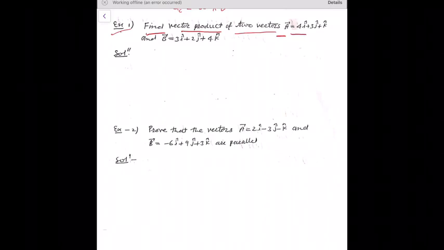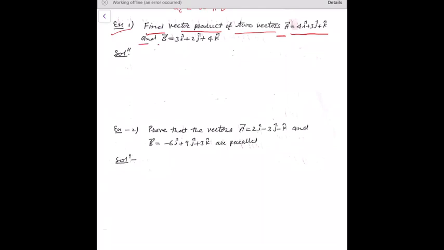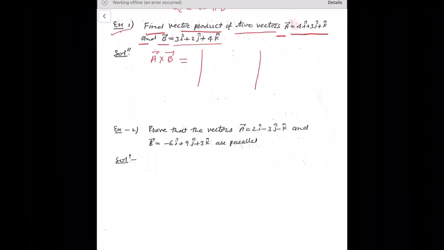A vector is equal to 4 I cap plus 3 j cap plus k cap and B vector is equal to 3 I cap plus 2 j cap plus 4 k cap. So the vector product A vector cross B vector is equal to, write in the determinant form.